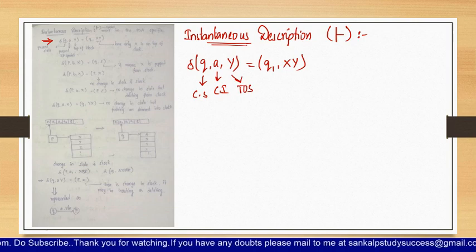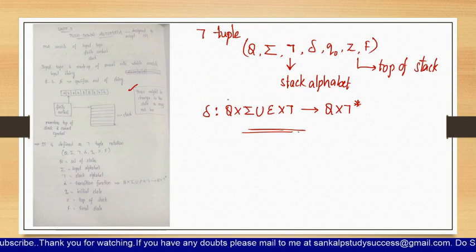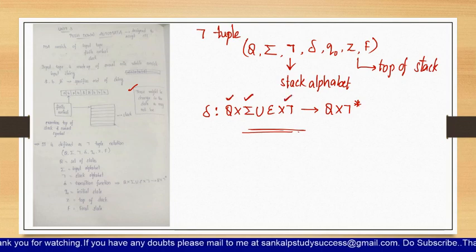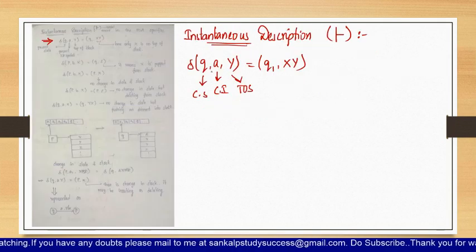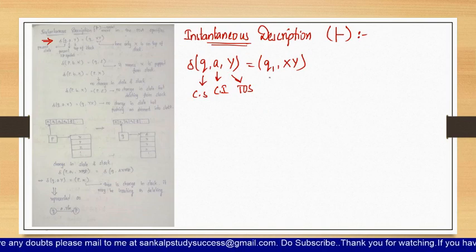Because the transition function is defined like this, you have your state, then the current input symbol, and then the top of the stack. If there is no top of the stack, then we will use epsilon, correct? So we are defining the transition function with three things: current state, current input symbol and top of the stack. Then you will get the next state.